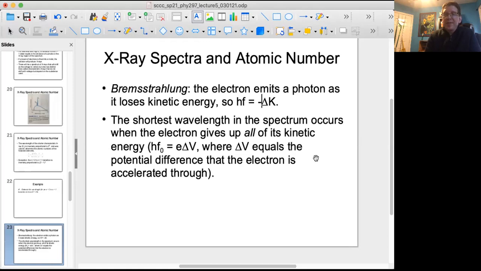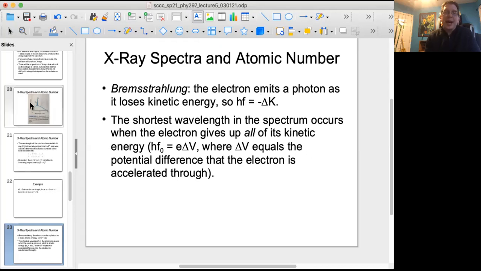The shortest wavelength in the spectrum occurs when the electron gives up all of its kinetic energy. So h f naught is equal to e delta V, where delta V is the potential difference that the electron is accelerated through.